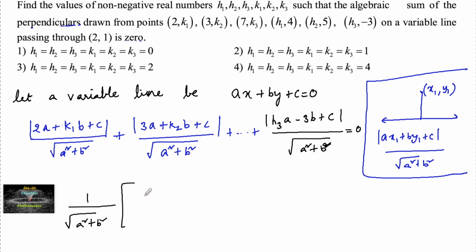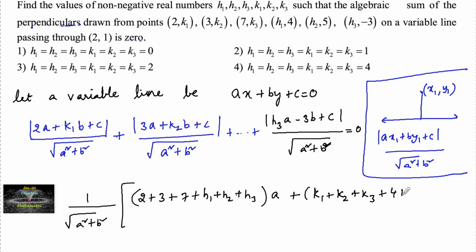So I can take a common and I can write (2 plus 3 plus 7 plus h1 plus h2 plus h3) times a plus, if I take b common, (k1 plus k2 plus k3 plus 4 plus 5 minus 3) times b plus c plus c and so on 6 times, so 6c, which is equal to 0.